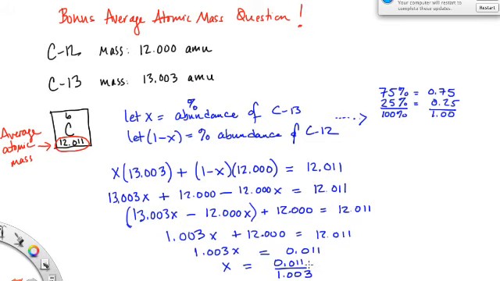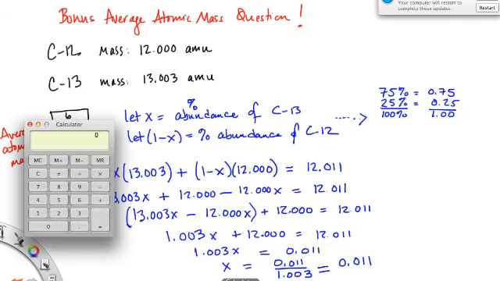And when I do that division, I end up with 0.011. Now, if you don't believe me, because you're probably looking at this and saying, wait a sec, 0.011 is my numerator. How can I end up with the same thing?